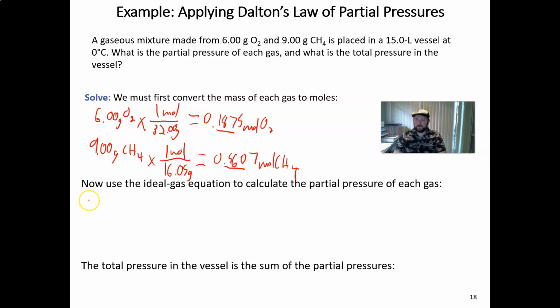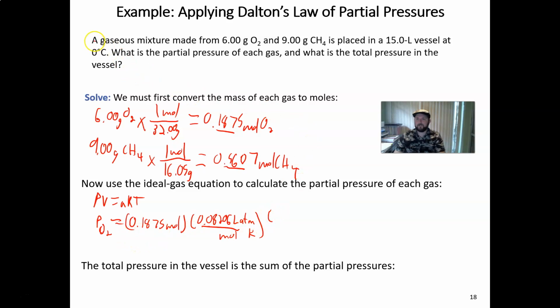We would have the pressure and temperature and so on, but we start with PV equals nRT, and then we solve it for P. So P of O2 would be equal to the number of moles of O2, 0.1875 moles, times the ideal gas constant, 0.08206 liters atmospheres per mole Kelvin, times the temperature.